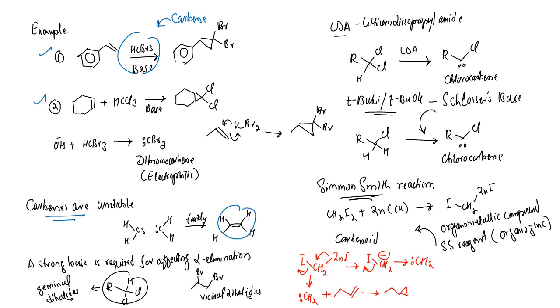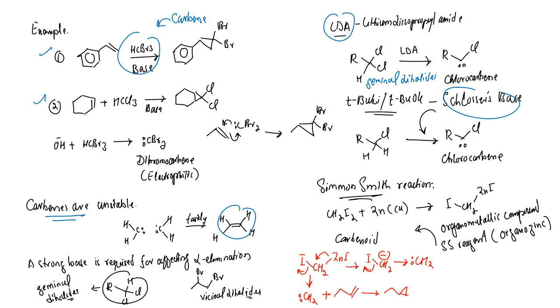Usually for catalyzing an alpha elimination reaction, a strong base is required, such as LDA or similar bases. So even if LDA is used, we can effect an alpha elimination reaction from a geminal dihalide.